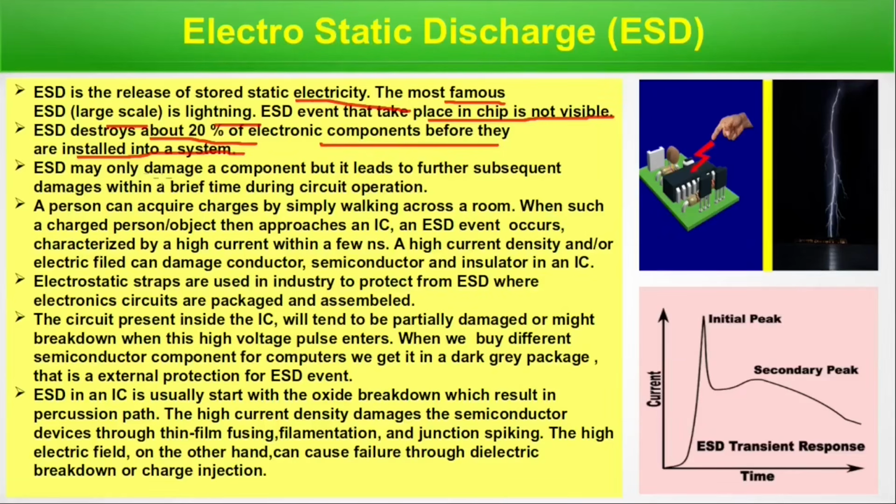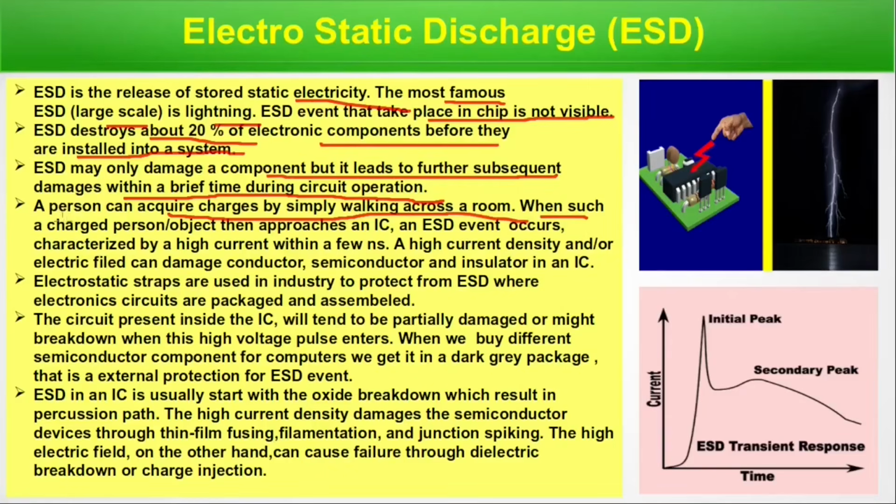ESD may only damage a component, but it leads to further subsequent damages within a brief time during circuit operation. So a person can acquire charges by simply walking across a room.